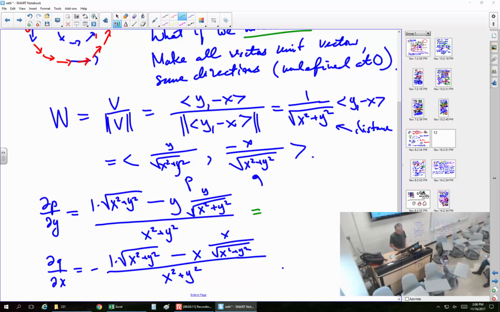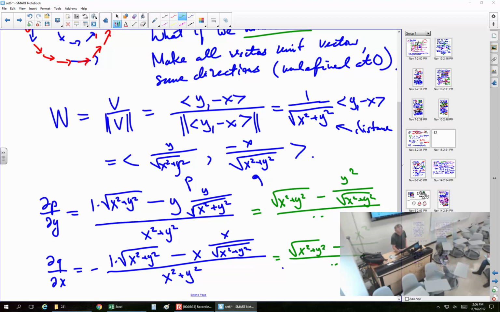If you just carefully look at it, I have x squared plus y squared minus y squared over the square root of x squared plus y squared, over that fraction in the same denominator and the same first term, but the second term is different, and there is a negative sign over here. As you can see, these two functions are unequal. So once again, the conclusion for the normalized rotational vector field is that it is not a gradient vector field.